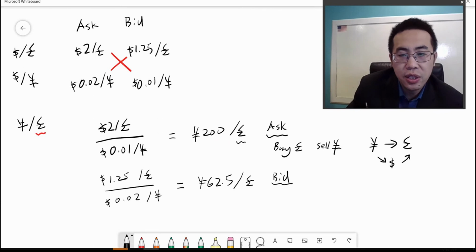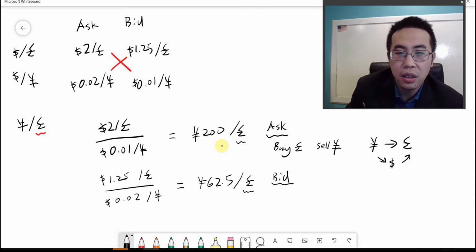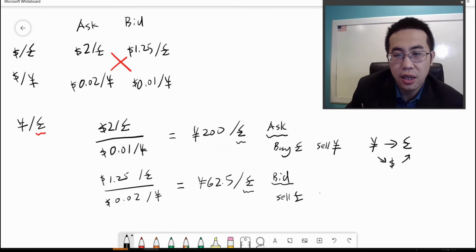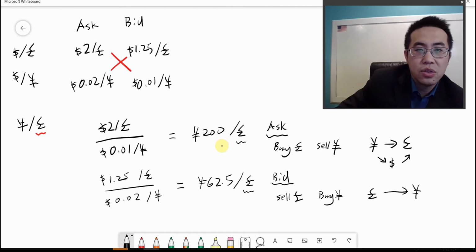And for the bid price, it's about selling things, and you should know it's always selling the currency to the right of the slash line. So you are selling pound and essentially getting US dollars. So you are buying Japanese yen. So it's about a pound to yen conversion. But you are dealing with these two banks.